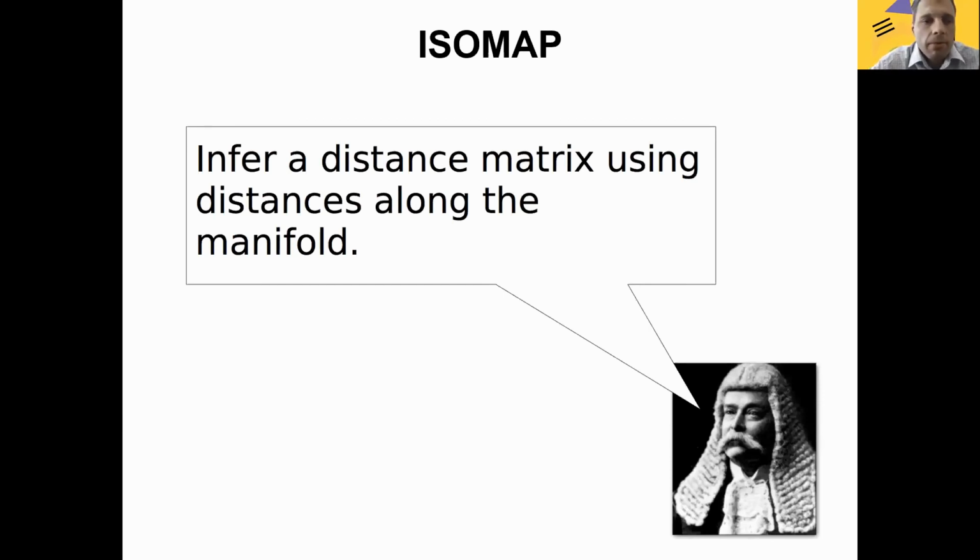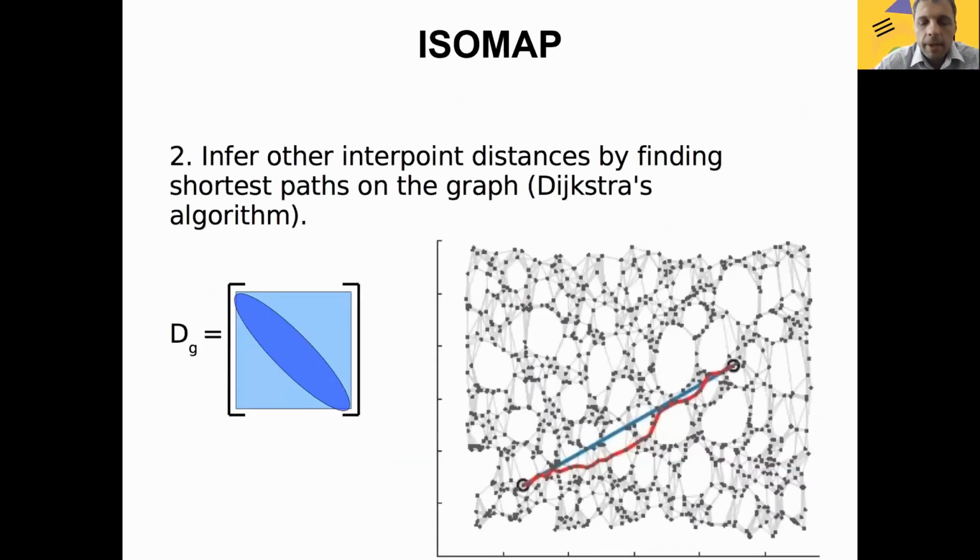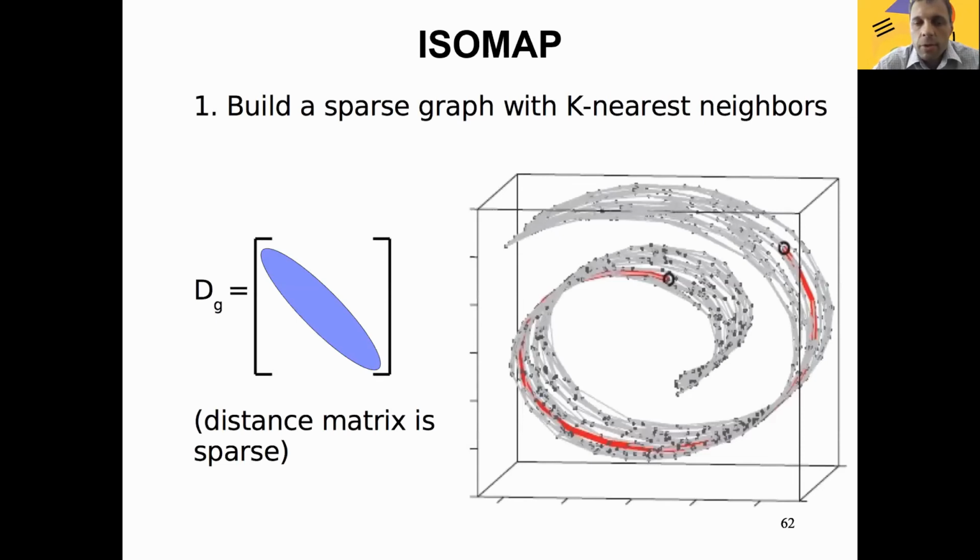The main idea of IsoMap is to infer a distance matrix using distances along the manifold. Recall that when we discussed multidimensional scaling, we took the initial distance between points, just the distance estimated in the initial Euclidean space, for example.